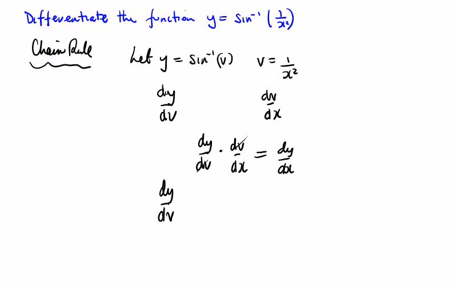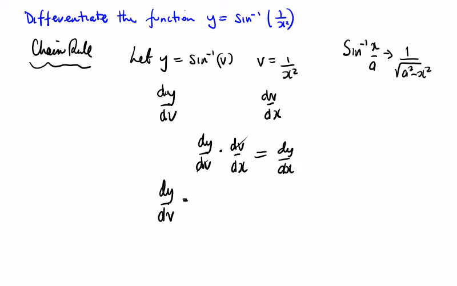Dy dv is equal to, and it's based on our rules from further up, so I'll just write down the inverse sine of x over a goes to 1 over the square root of a squared minus x squared.